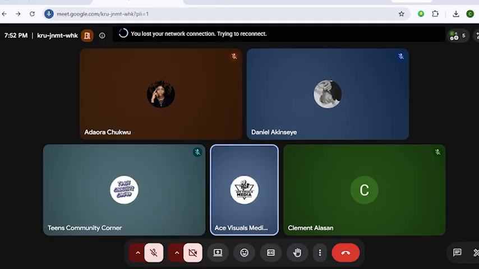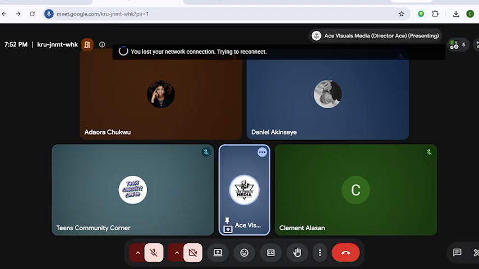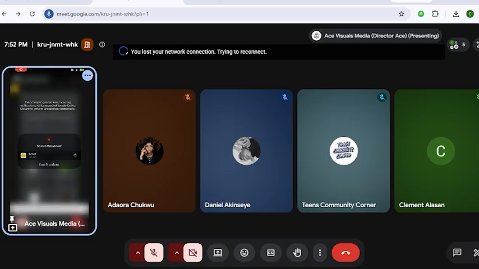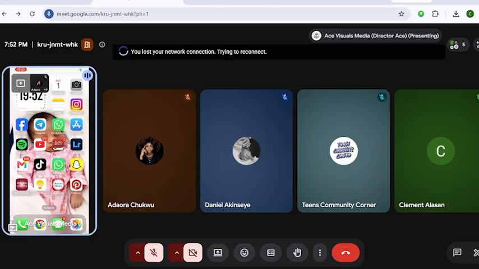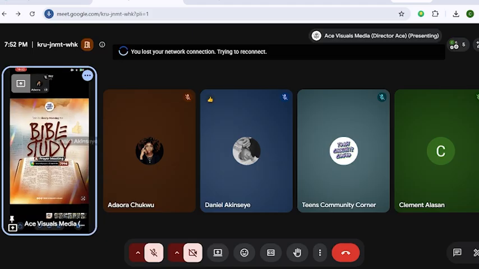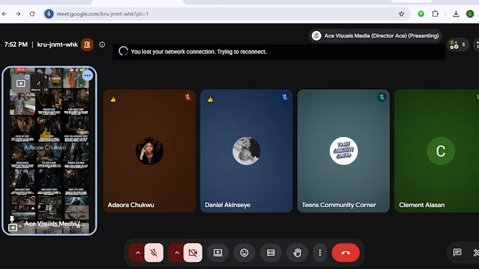Let me do it from my phone. Can we all see my phone sharing? Please just let me know when you can see my phone sharing. Okay, can you all see it? Okay, we can see it.